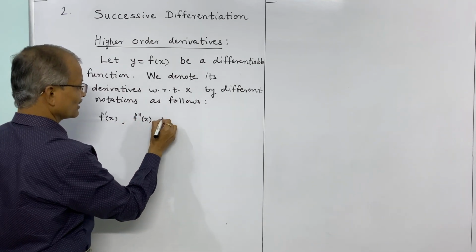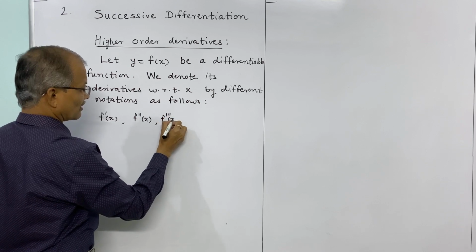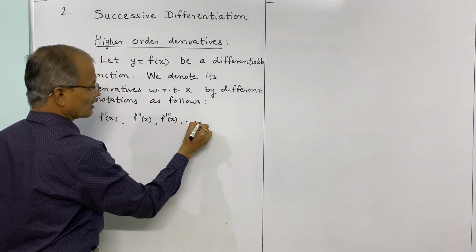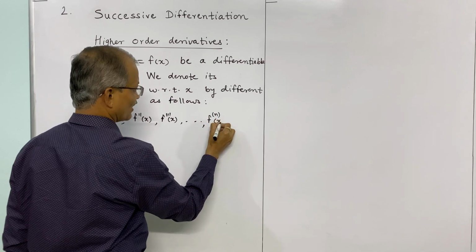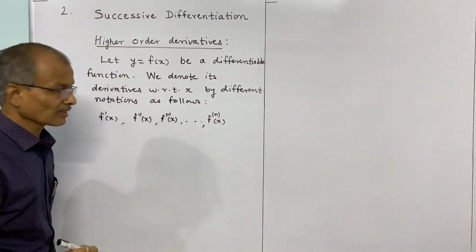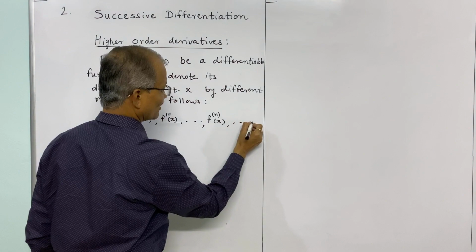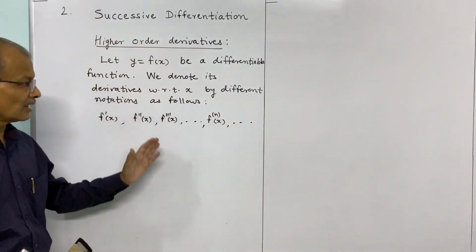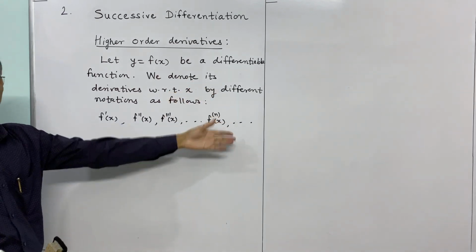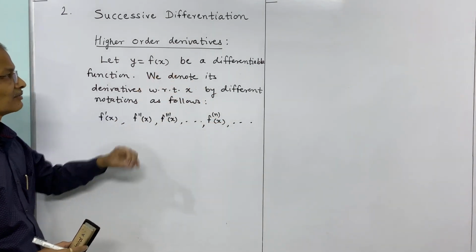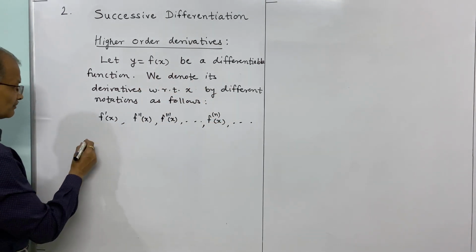Third derivative we shall denote by f triple prime and so on. The nth derivative we will write in this form, nth derivative of f of x. If the derivative exists, then that can be further written, so n times or higher times we can differentiate the function if it is further differentiable.